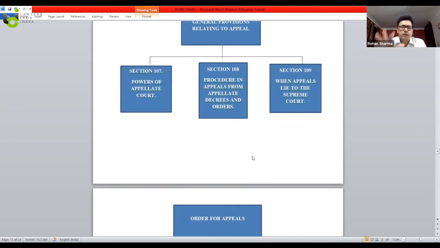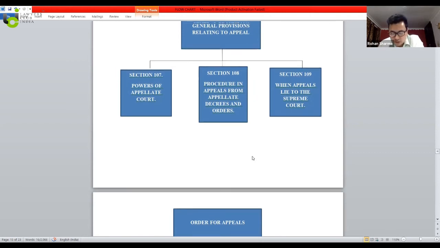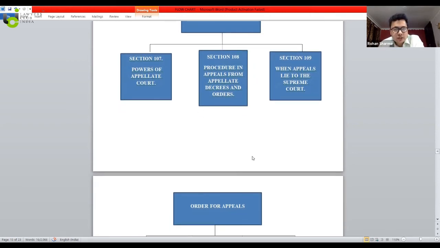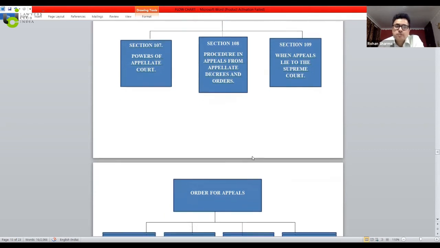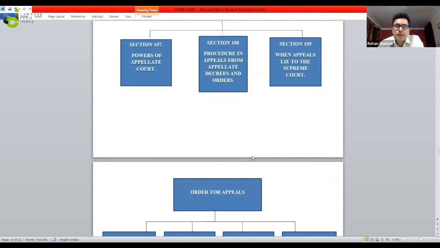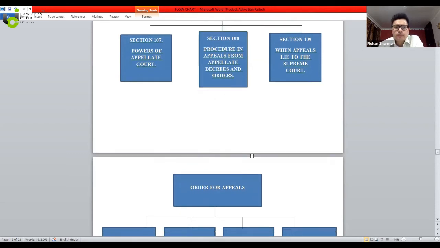109 is slightly different. 109 specifically talks about in what specific cases an appeal would lie to the Supreme Court. Again, a very restrictive section. The section also entails specific grounds, and on those specific grounds only can an appeal lie before the Supreme Court.